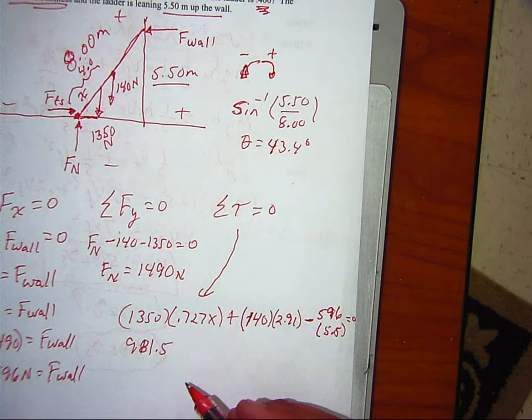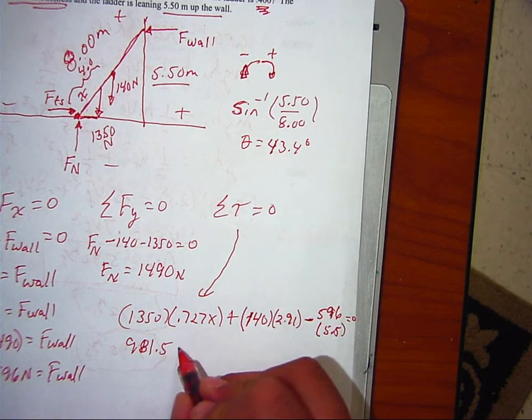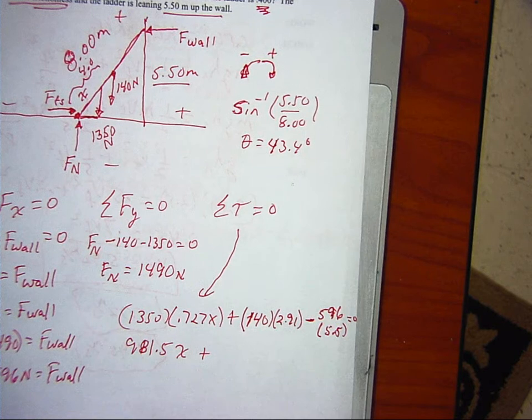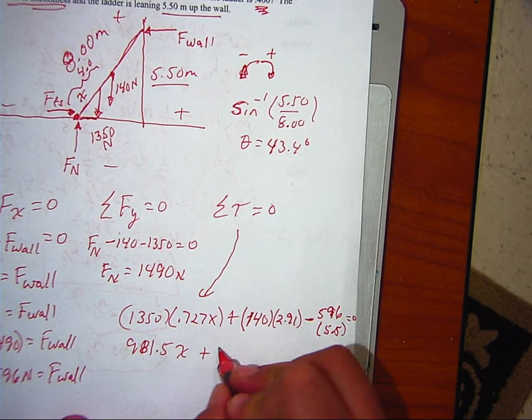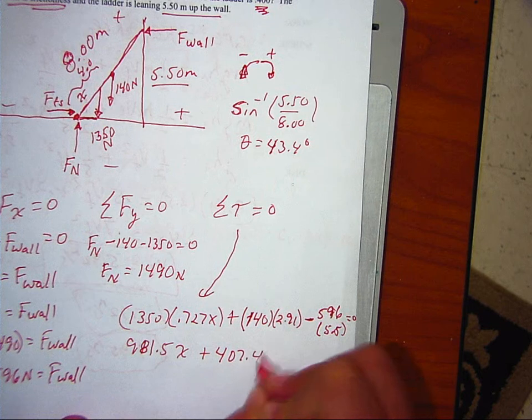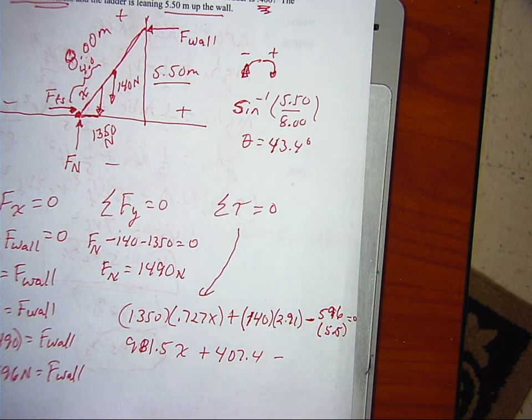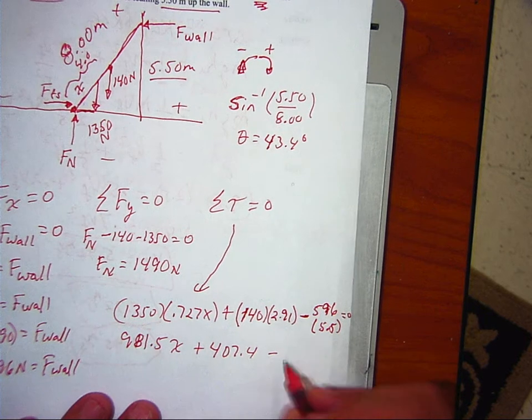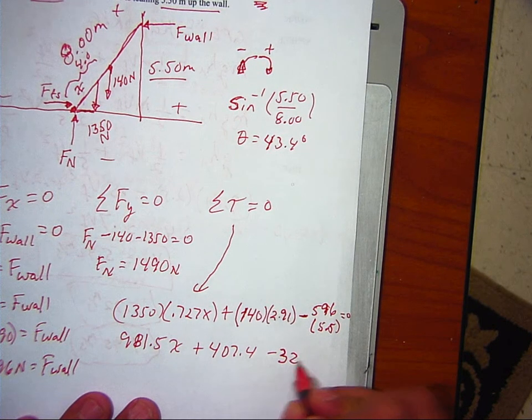So 98.5x plus 140 times 407. Three, 2, 7, 8.